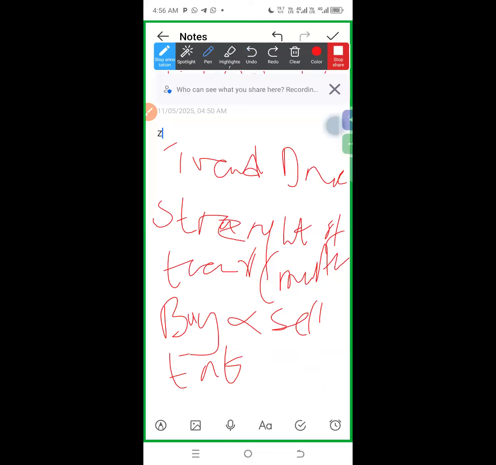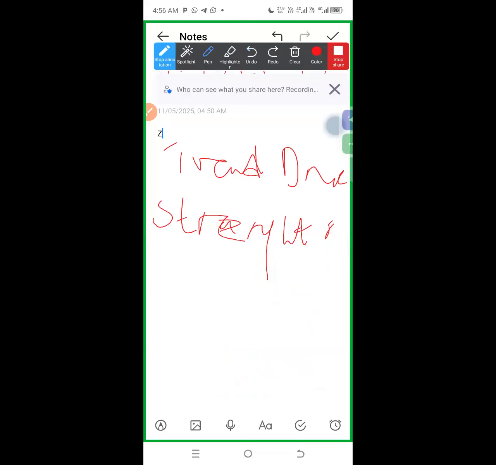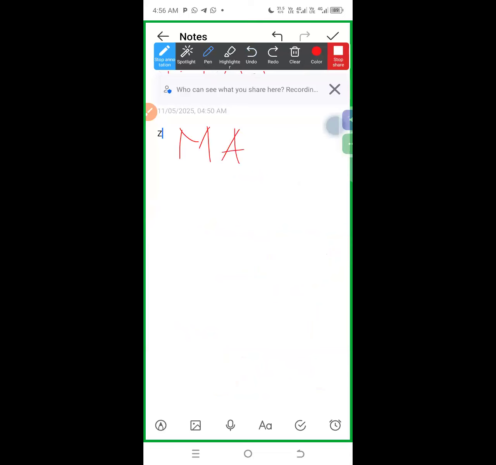Following the moving average convergence divergence, we are going to know the MACD line, the signal line, and then the histogram.